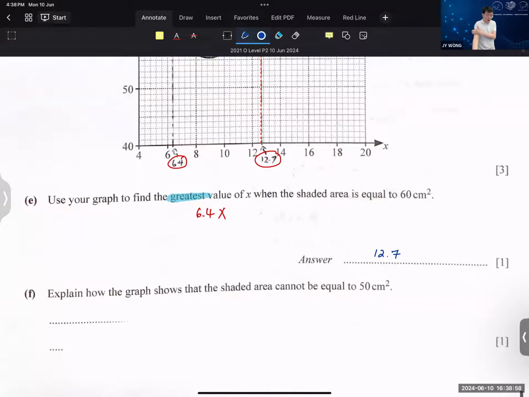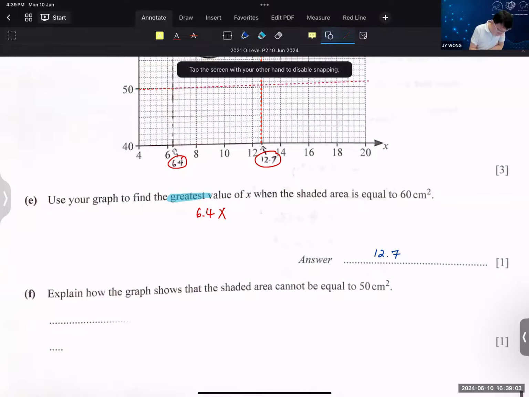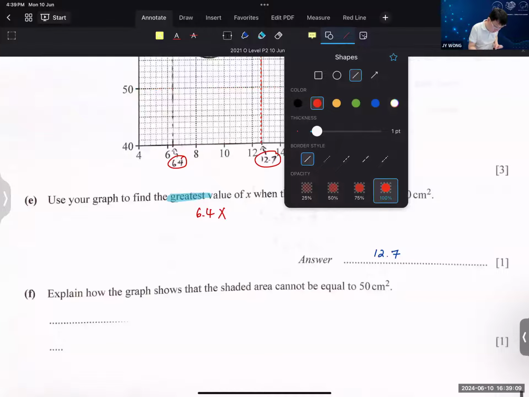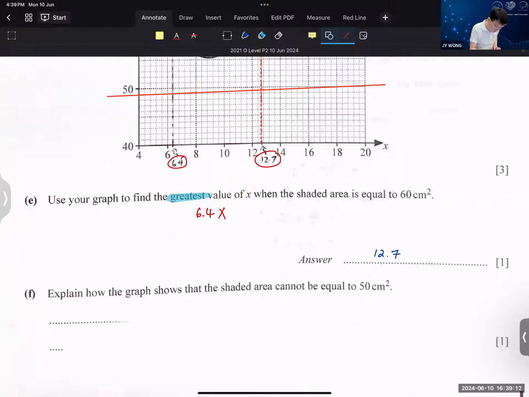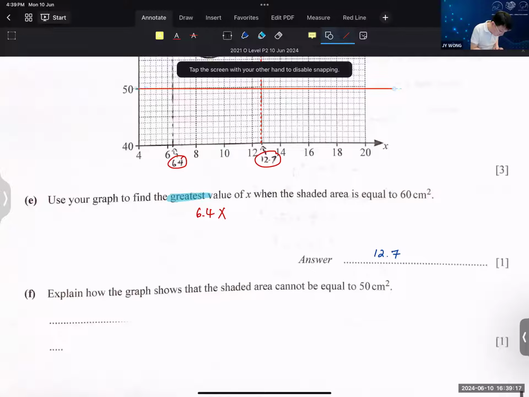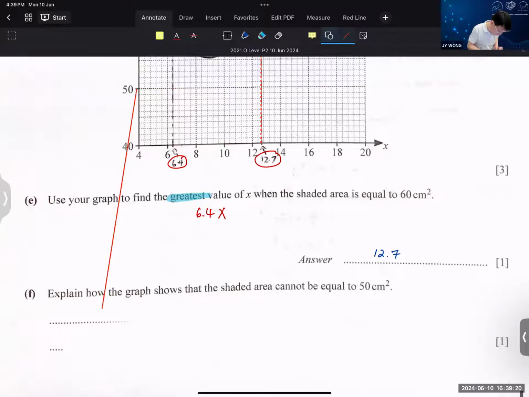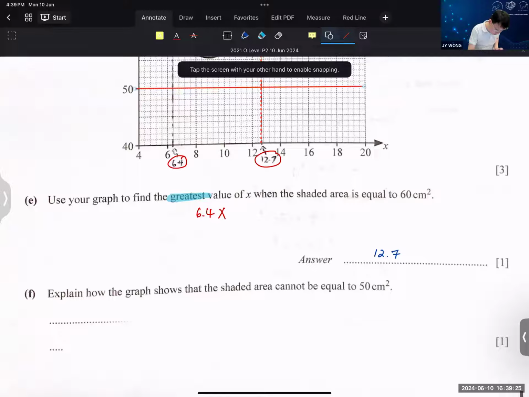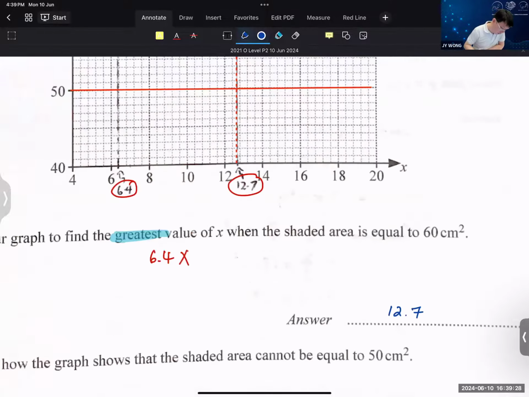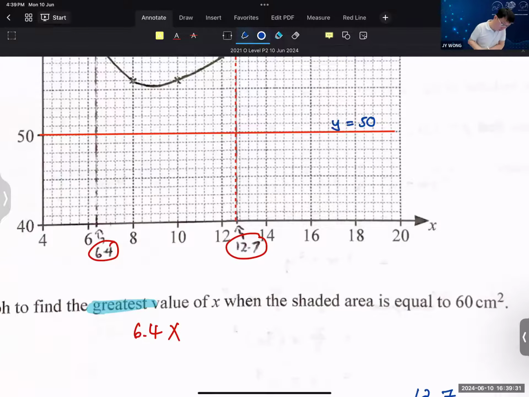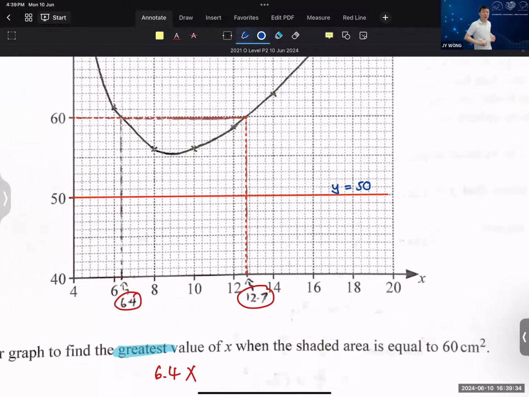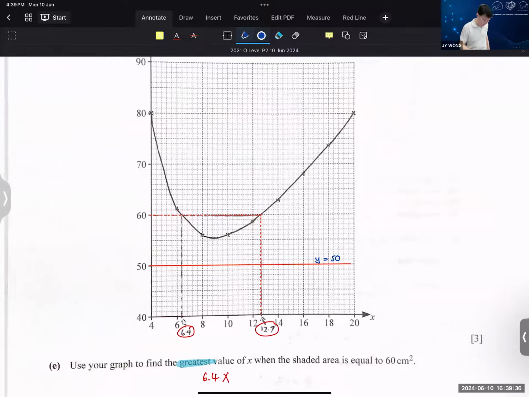Explain how the graph shows that the shaded area cannot be equal to 50. So if I draw area equals to 50, which is this line, when I draw this line, which is the line y equals to 50, what does this show? You see that there is no intersection.